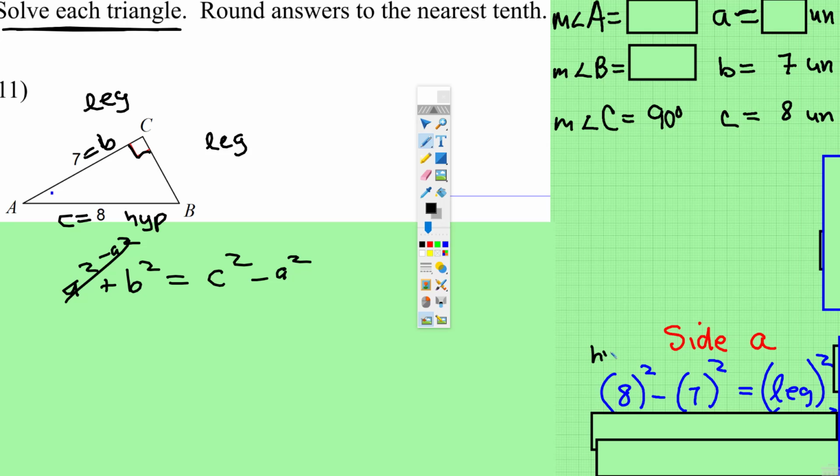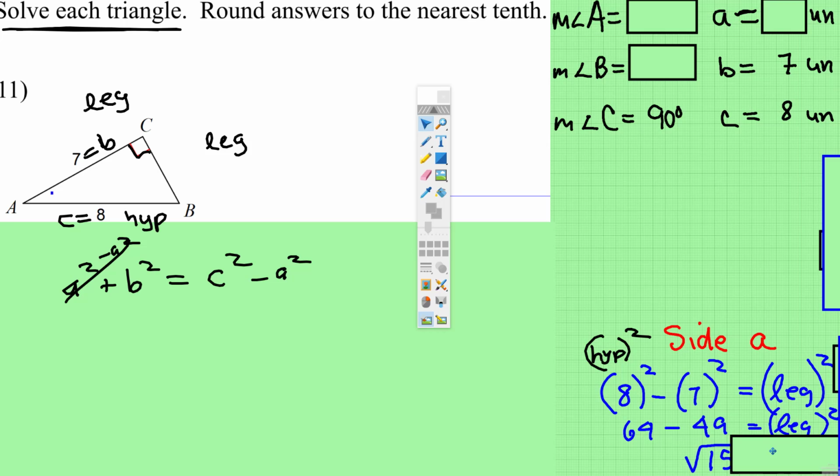Here's the hypotenuse squared. We're subtracting this other side squared to find what the leg is. So 8 squared subtract 7 squared equals leg squared. So 64 subtract 49, which is 15, and then you take the square root of both sides. So the leg is equal to square root 15 units. And that's what I have up here.